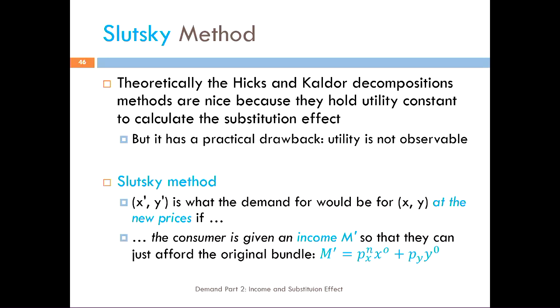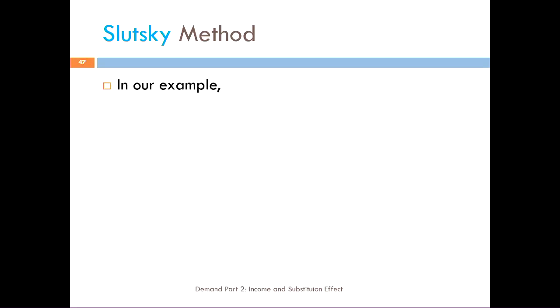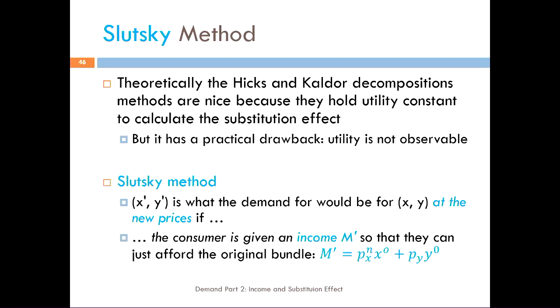Well, we can observe that in the data. We have the prices, we have the quantity demanded in the data, so we can calculate M prime easily. Right? So that's the nice thing about the Slutsky method. The disadvantage, of course, is that the better definition of keeping real income constant is keeping utility constant. That seems like a more pure definition.